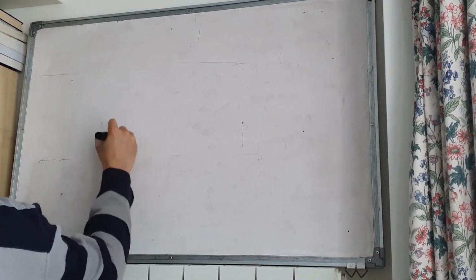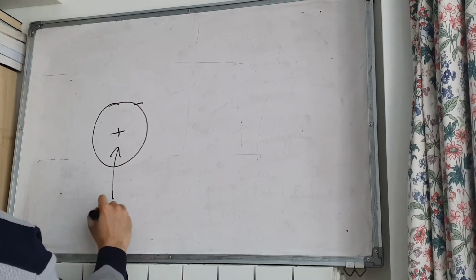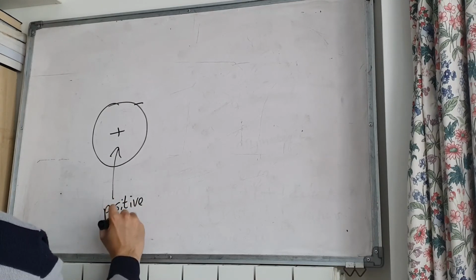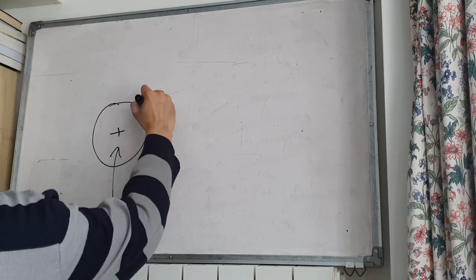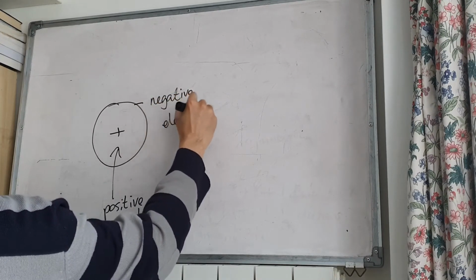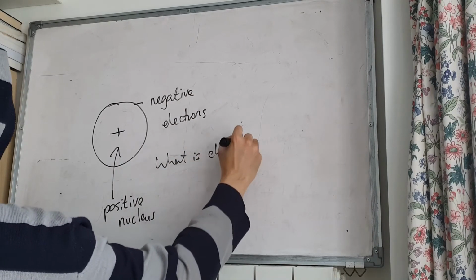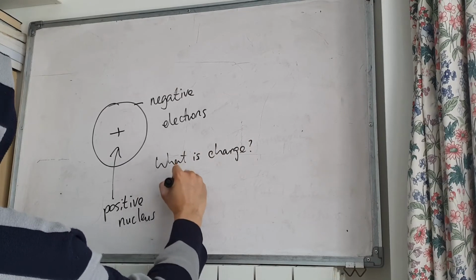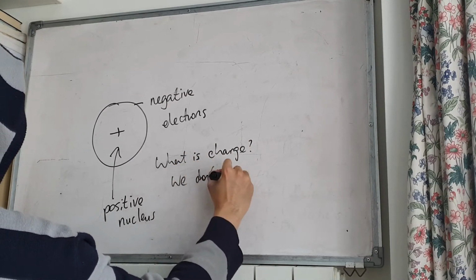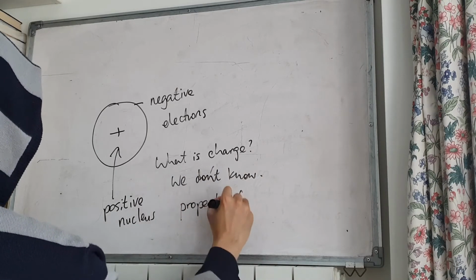So here you have the positive nucleus and you have the negative electrons. So what is charge? Well, we don't know, but we can say it is a property of matter.